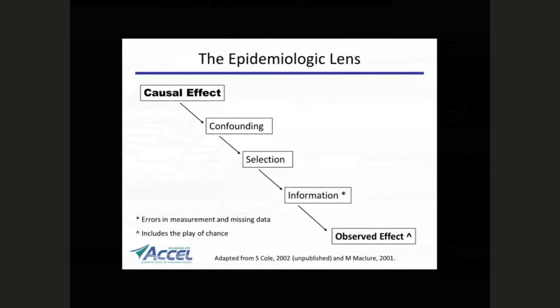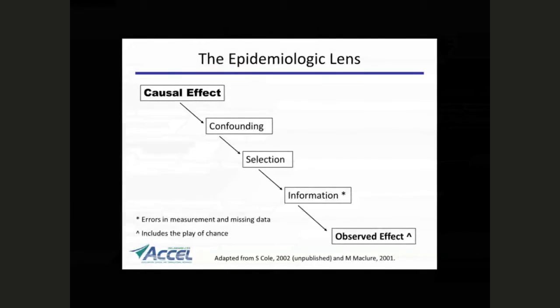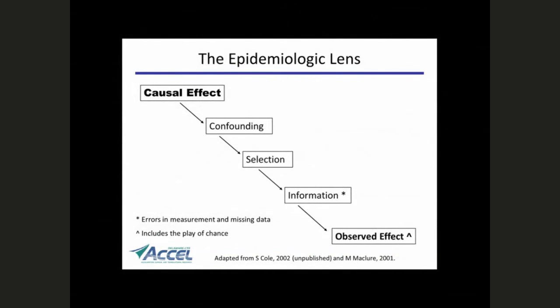First, a lens that looks at information, and sometimes we think about bias: is the information I'm collecting distorting my view? Is there a bias in the information that I have? How about selection? Is the way I've selected my population, who remains in my study, biasing or distorting my view?